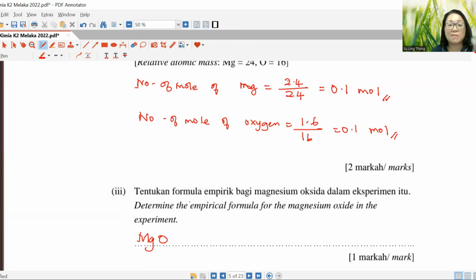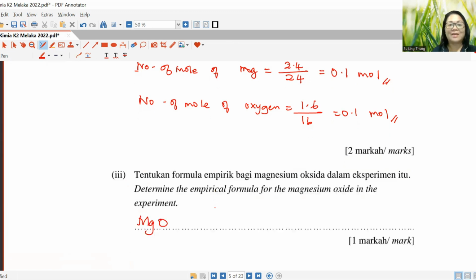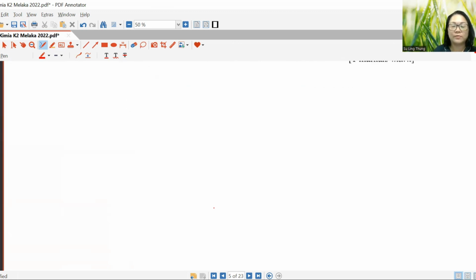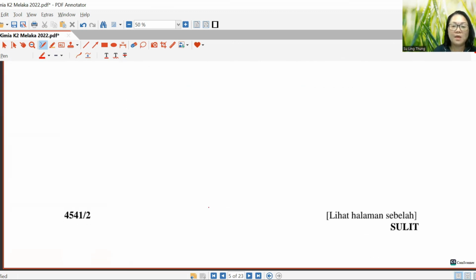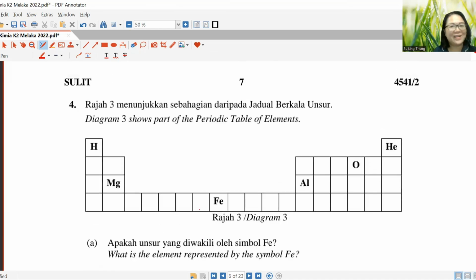The smallest number of mole is 0.1, so the ratio of magnesium to oxygen is 1 to 1. That is why it's MgO. Very easy, right? Question 3.